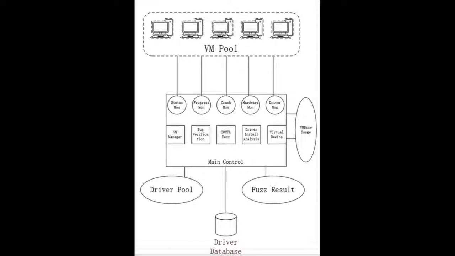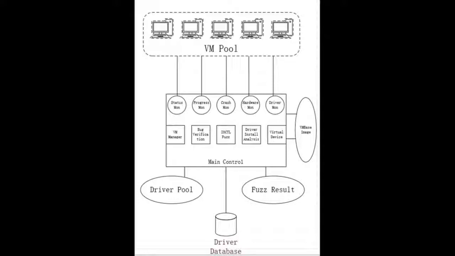And here is the whole picture of the fuzzing system. We generate a VM image for the base image, and then we can generate each VM depending on your target drivers, and then put it into the VM pool.